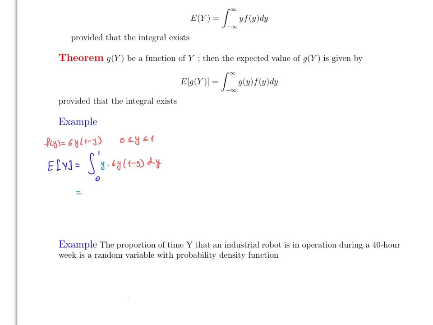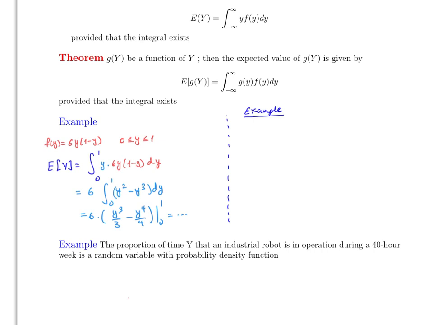So in this case, you can take out the 6, so this will be the integral from 0 to 1 of y squared minus y cubed. And then this will be 6 times y cubed over 3 minus y to the 4 over 4 from 0 to 1, and whatever that is, which should be straightforward to calculate.